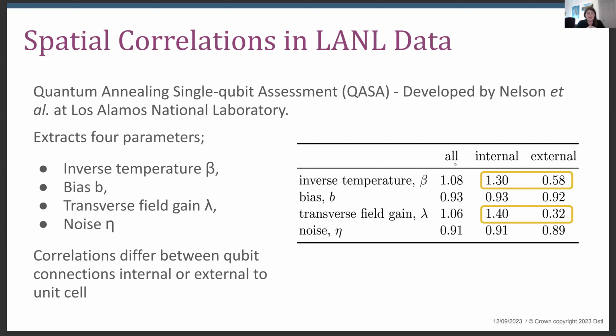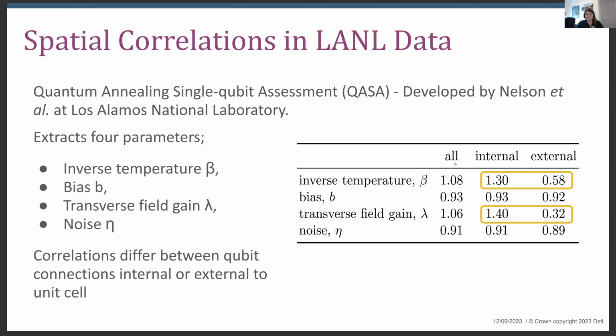And they, in this study, found significant differences in the behavior between qubits that were oriented horizontally to those oriented vertically. And they suggest that this may be to do with inhomogeneity in the fabrication and performance of the chip. So they were kind enough to share their data with me.